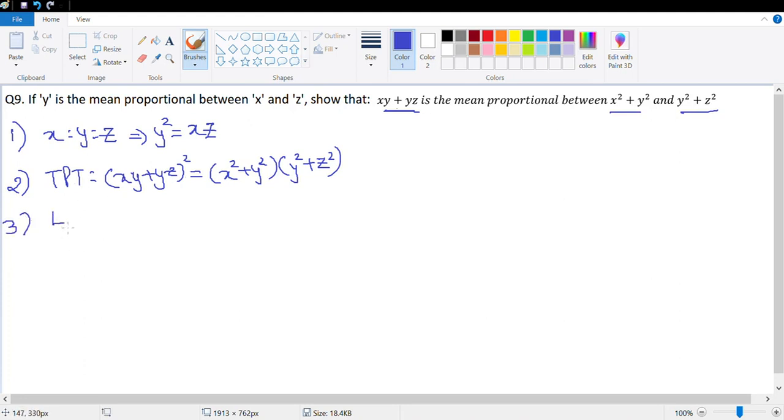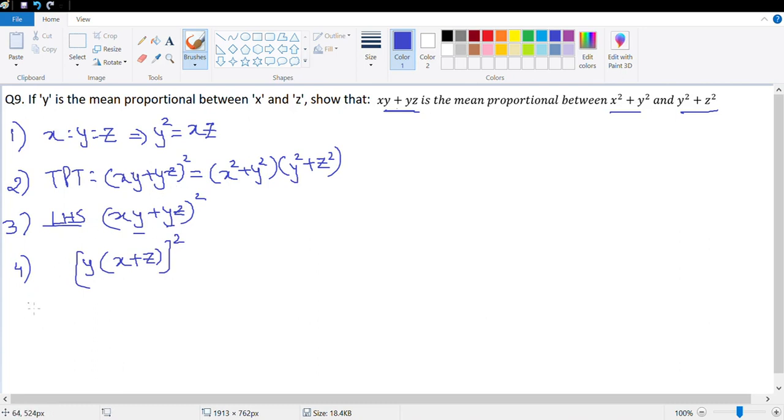So left hand side, we have (xy plus yz) the whole square. Now this will give us, between xy and yz, we have y common. What remains is x plus z and everything to the power 2. Yes, xy plus yz, y is common. If I take y out, first term is x, second term is z, everything whole square.